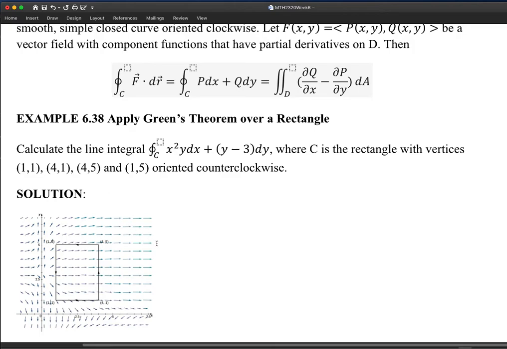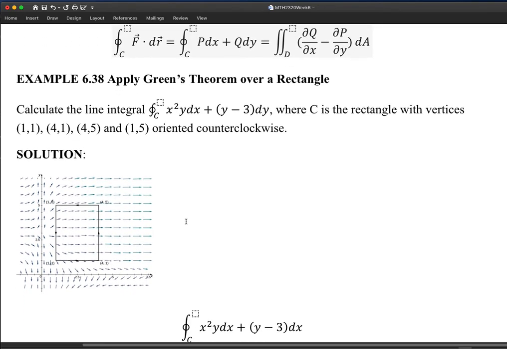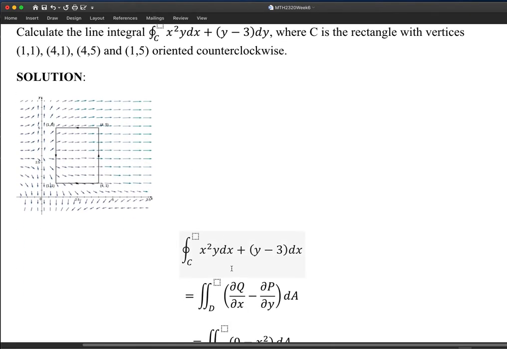According to Green's theorem, a line integral on a simply connected closed curve can be converted into a double integral. So this is the conversion.